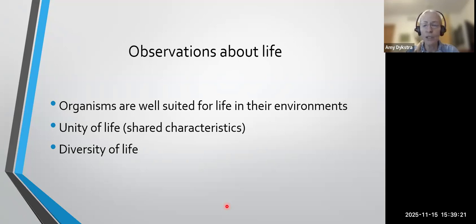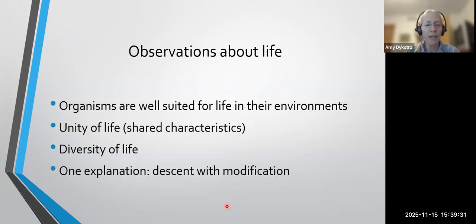And so there's just a huge diversity of life. And so, what I would like to suggest to you is that one explanation for all of these observations is the idea of descent with modification, which led to our modern theory of evolution.